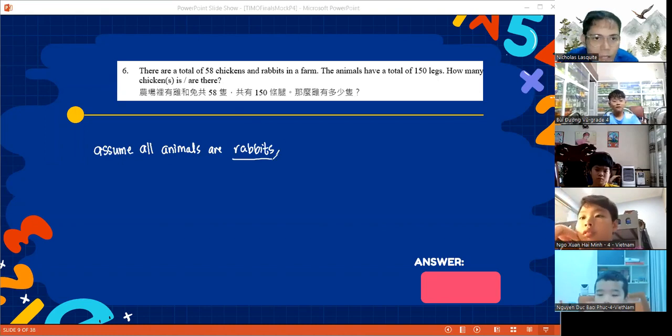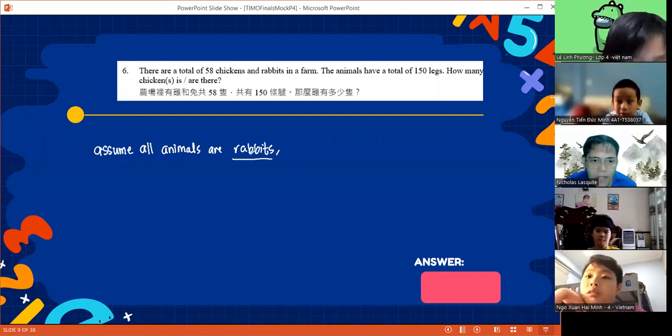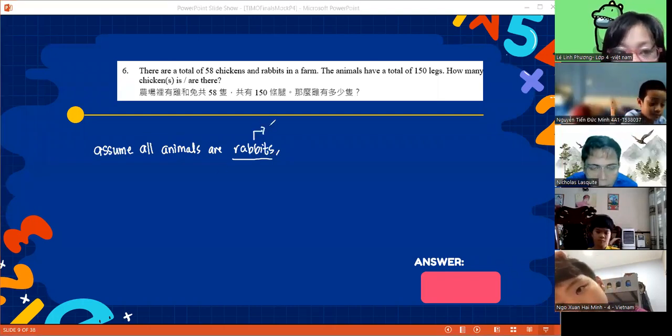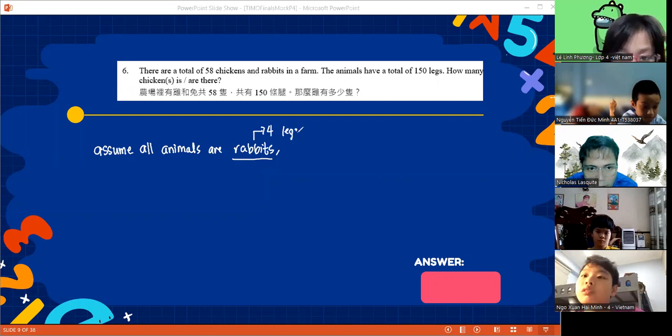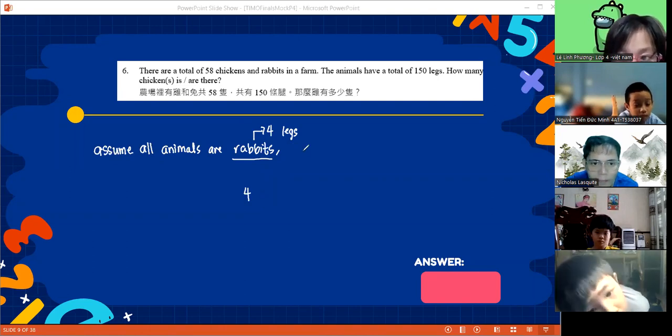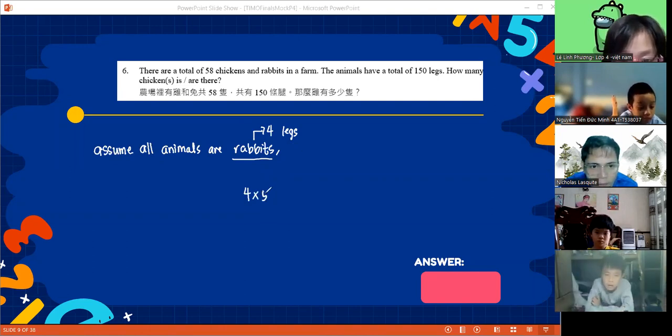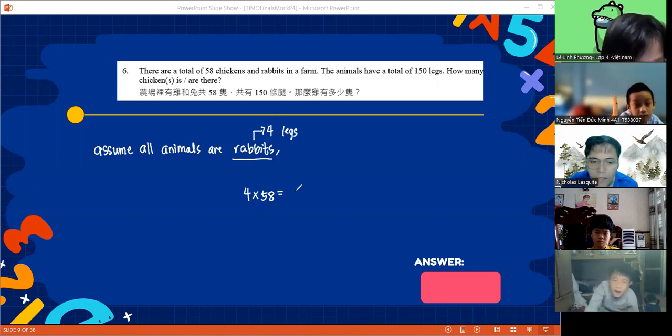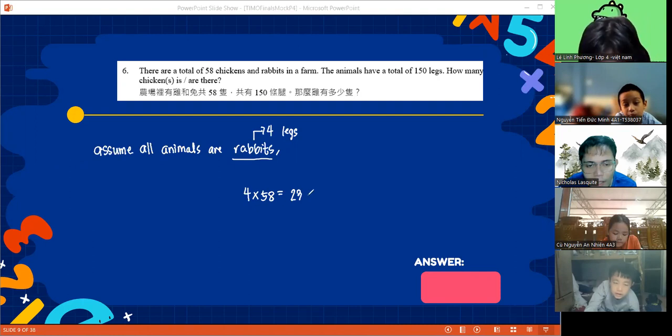Since we assume that every animal here is a rabbit, and rabbits have 4 legs, it's 4 times 58. What's the answer here? 232.